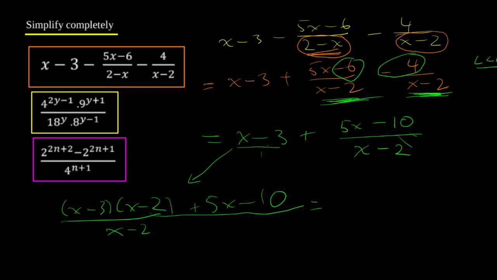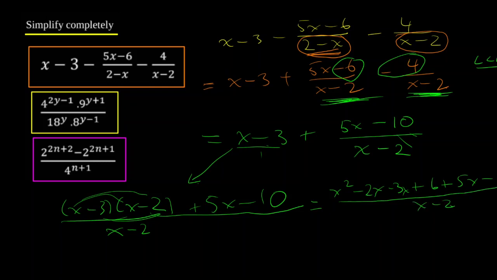So let's see where that takes us. I'm going to have x squared minus 2x, and then for the bottom part, minus 3x plus 6 plus 5x minus 10, all over x minus 2.